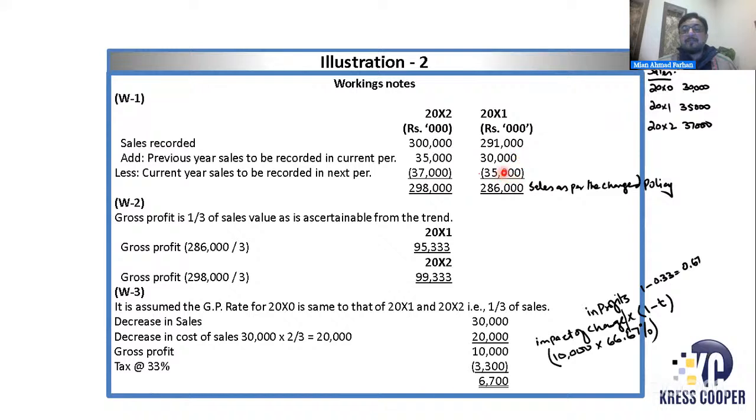This 35,000, the year X1 sales is being reduced and being added in the year X2, and this will be subtracted from X2 and will be taken in X3, which is not the part of this financial statement. Okay, so this is the impact that we will be providing in the sales revenue of the period presented. Okay, this is not the period presented. X0 is not the period presented.